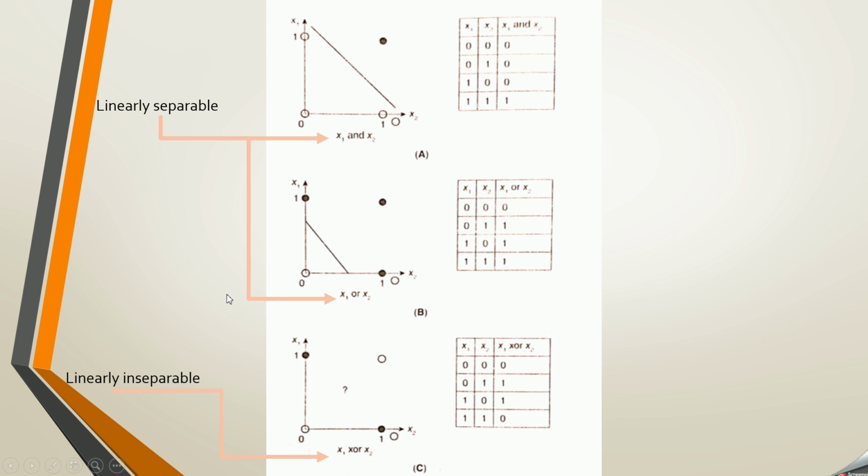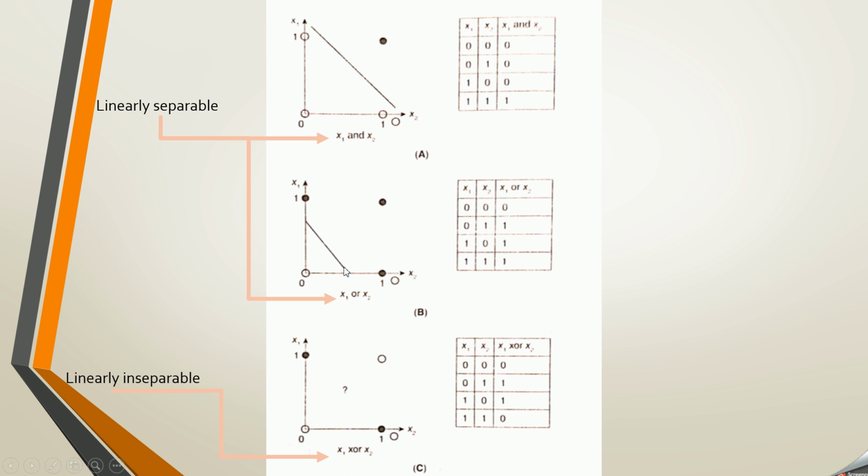Now if you see the AND function and OR function for the given data points, they are linearly separable. We can have a decision boundary that can segregate both these points, for x1 AND x2, and for x1 OR x2.